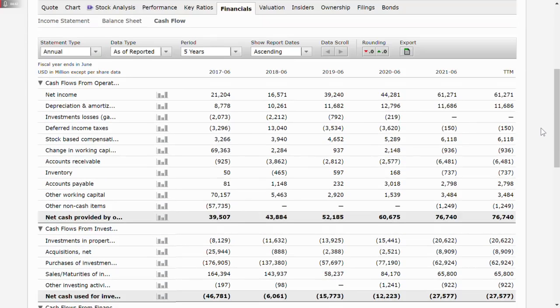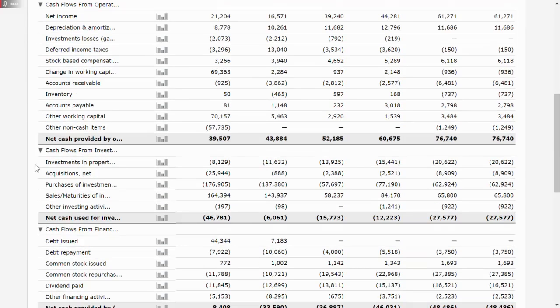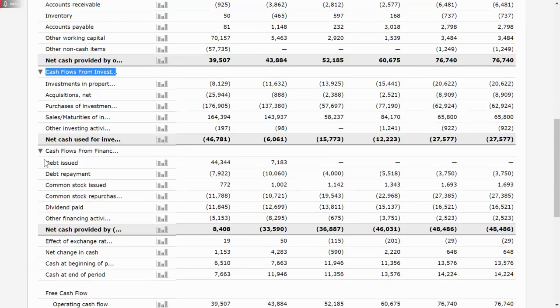So in the cash flow statement, you have the general heading of cash flows from operations, cash flows from investments, cash flows from financing, which would be borrowing. And when you see parentheses around these numbers, that means these are negative numbers, or numbers that are paid out.